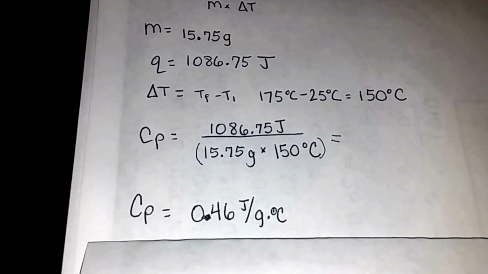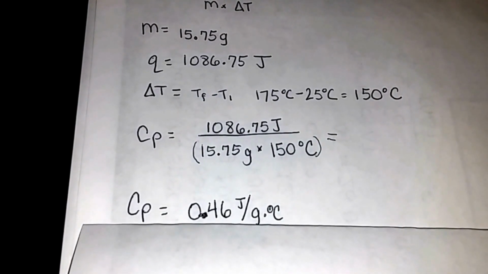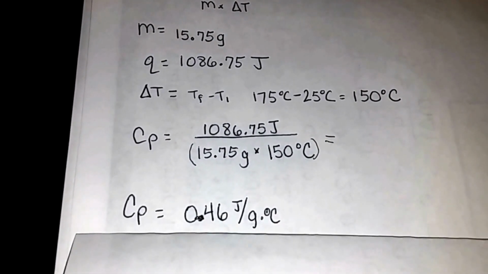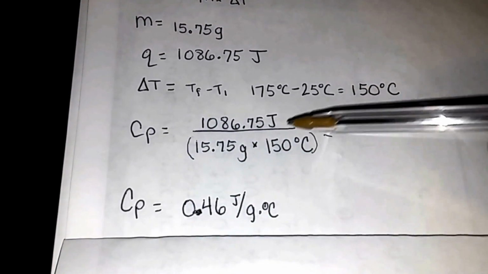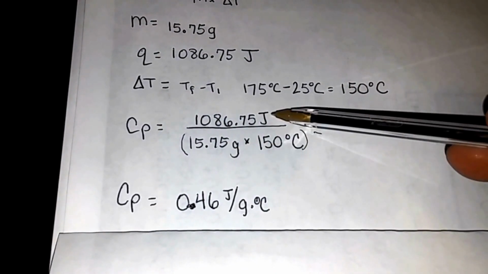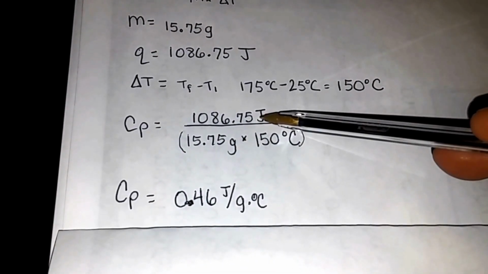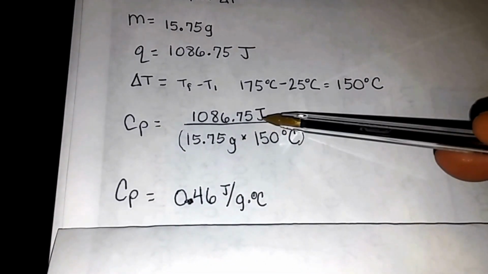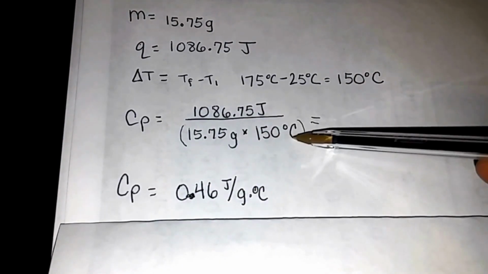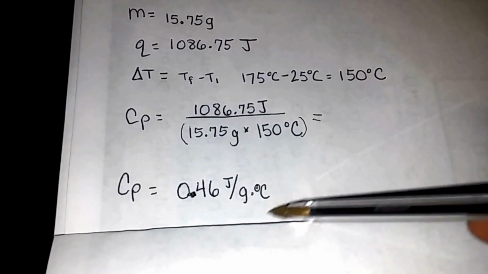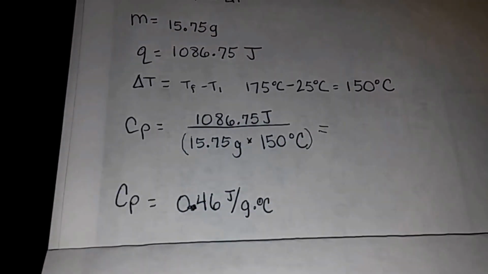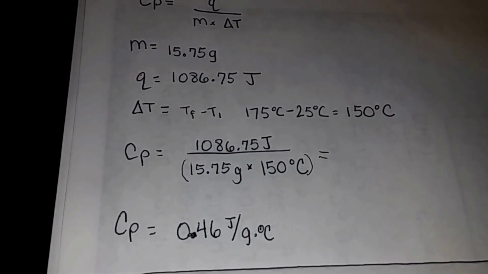Okay, and once we do that, it's going to be 0.46 joules over grams times degrees Celsius. And the units, again, since these don't have like units where they cancel, we have to keep them. So all we do is rewrite them as joules on top of grams times degrees Celsius. And all three of those are 1 unit expressed for specific heat. And that's how you do number 1 on your assignment.